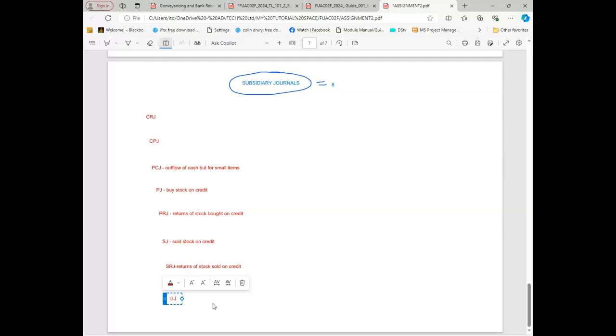GJ, what can you say about the GJ? Remember, no one is perfect. I'm just checking. It's GJ, General Journal. What kind of transactions do we record? All the transactions that can't go in the PCJ, PJ, PRJ, SJ, and SRJ. I like that.